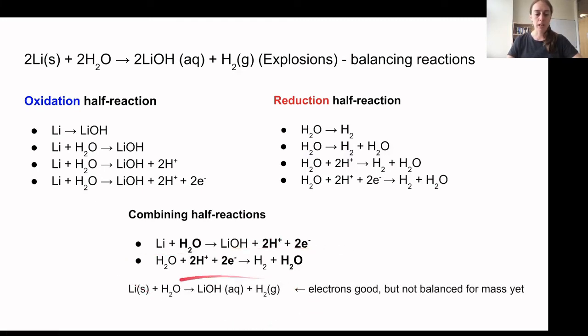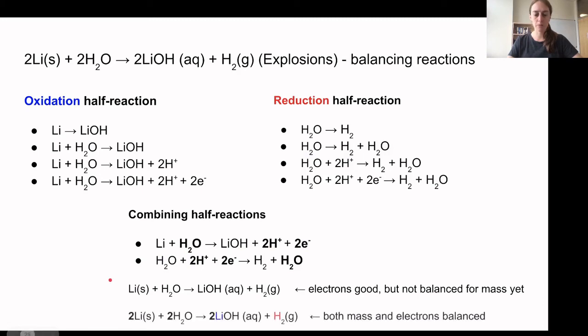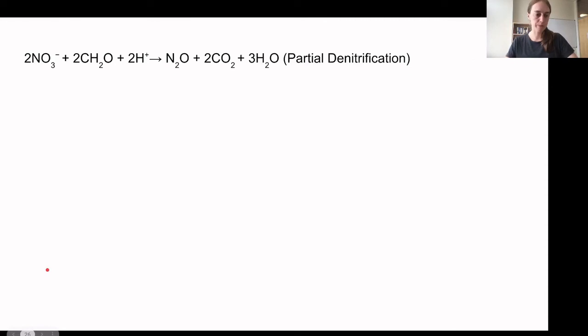And we need to balance for mass here. When we add our mass balances in the appropriate place, we can see that we have both mass and electrons balanced. And again, our lithium was what got oxidized and our hydrogen was what got reduced.